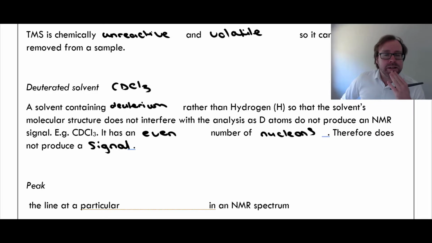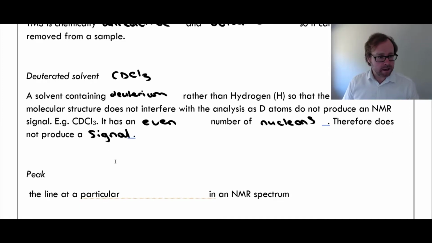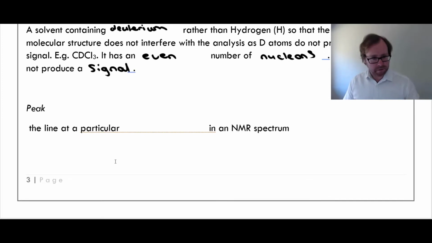So if we use CHCl3 as our solvent, that would produce a signal and it would mess up our spectrum. Therefore, we need to use a solvent that has an even number of nucleons so it doesn't produce a signal on our spectrum.